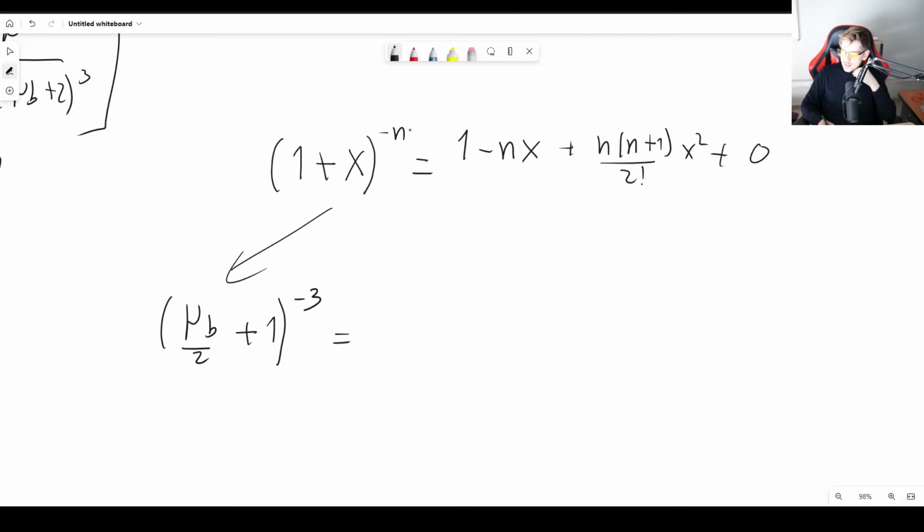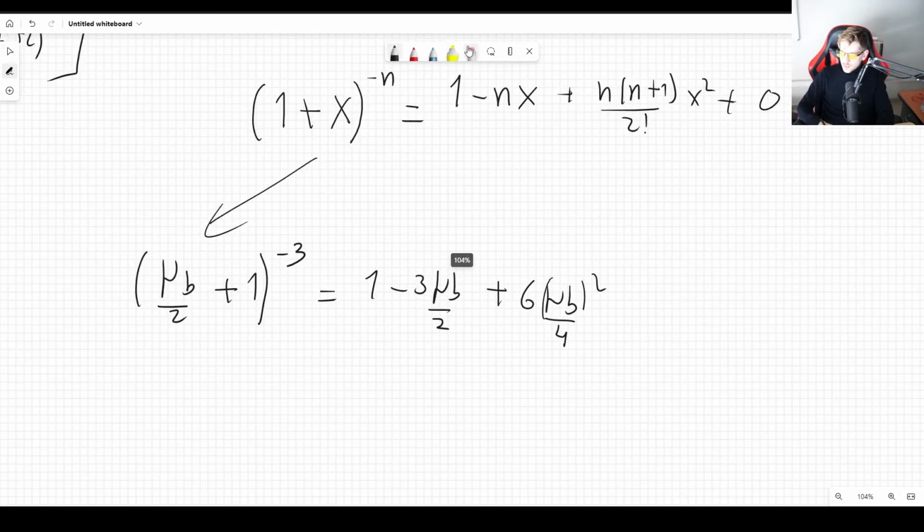So using this, our n is 3, so we get 1 minus 3 times x, which is mu b over 2, plus 3 times (3 plus 1), so that's 4, divided by 2, so we get 12 over 2, which is 6. So 6 mu b, and this thing is squared. Okay, so this is our expansion.